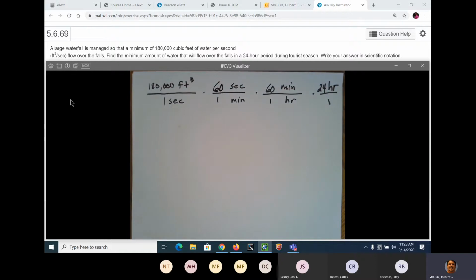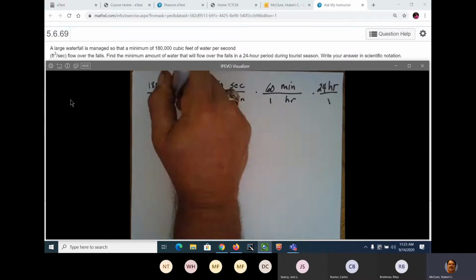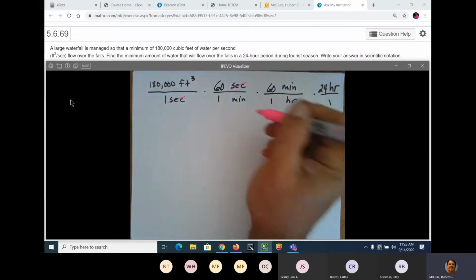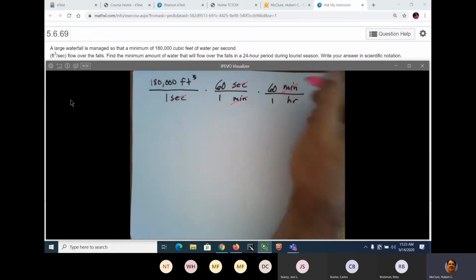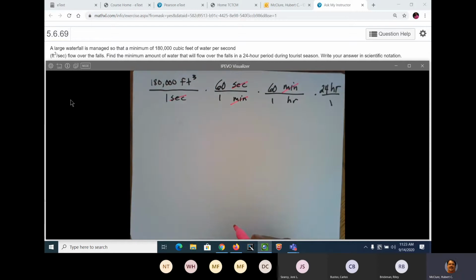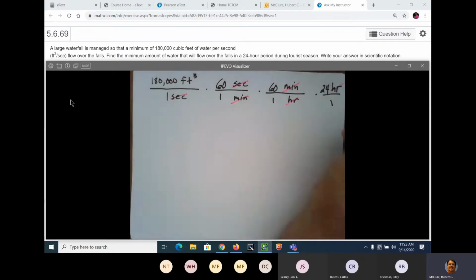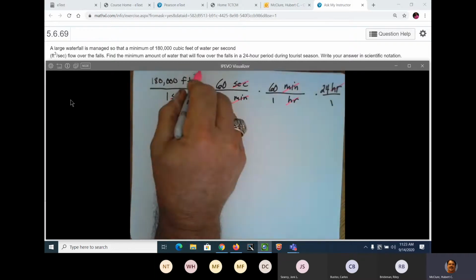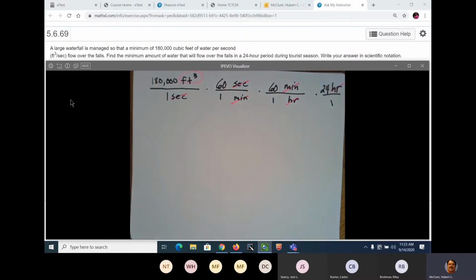So that's the unit conversion. And the reason I knew to set it up that way was because you can only cancel diagonally, and that's why I put the minutes and seconds diagonal from each other, and the hours cancel, and you're left with cubic feet of water.